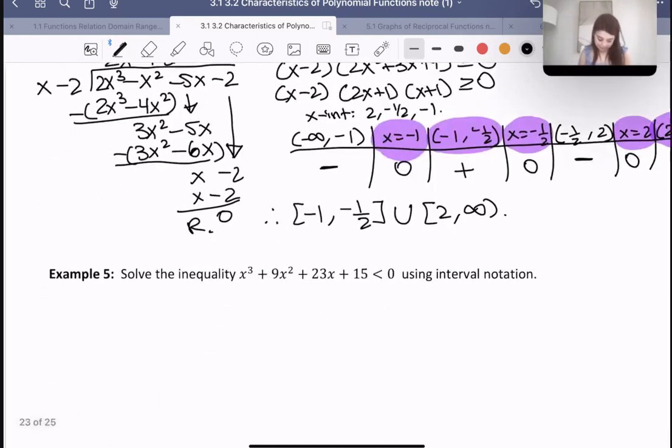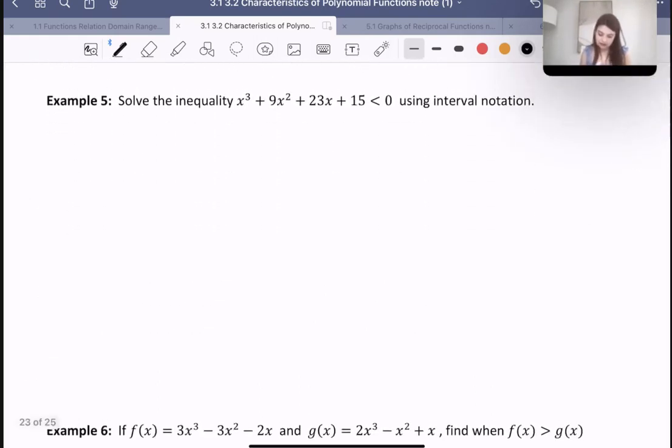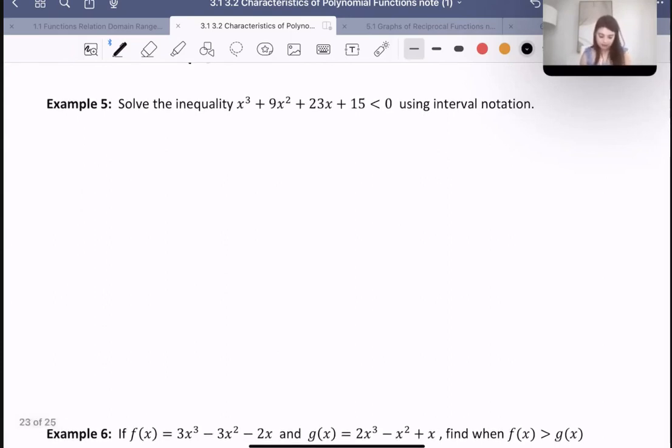Okay. Next, let's do example 5. It says solve the inequality for x cubed plus 9x squared plus 23x plus 15 is less than 0. So this one is slightly different because this time we're only going to choose the negative intervals. So far we've just chosen positive and 0.